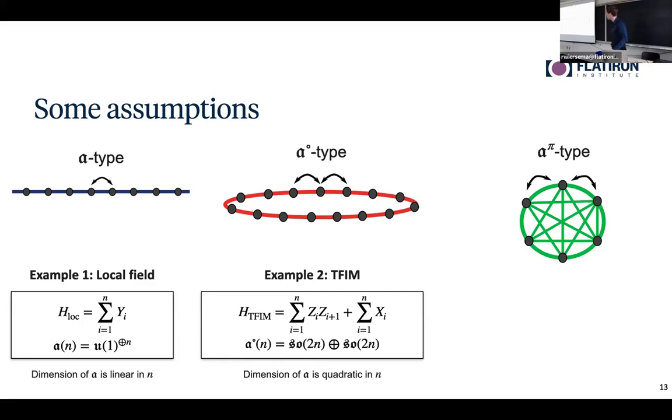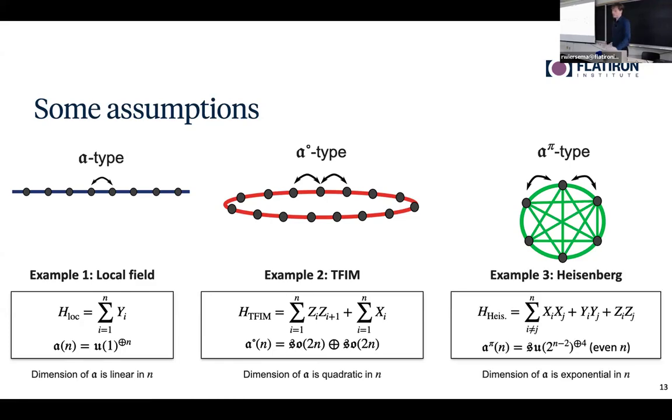Okay, so let me give another quick example. This was also already known: if you have the transverse Ising model on a ring, then the dynamical algebra of that will be two copies of SO(2n), which some of you may have seen before. It's closely related to, okay, let me not go deeper into that. I think this has also been shown before.